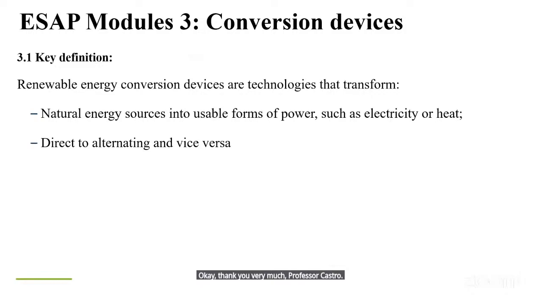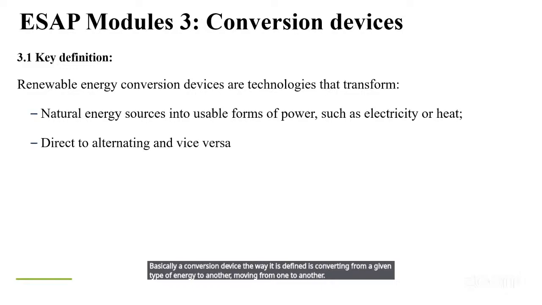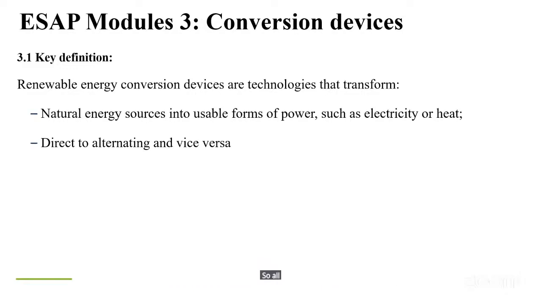So this is module 3 on conversion devices. Basically, a conversion device, the way it is defined, is converting from a given type of energy to another, moving from one to another. So all those devices are basically conversion devices.